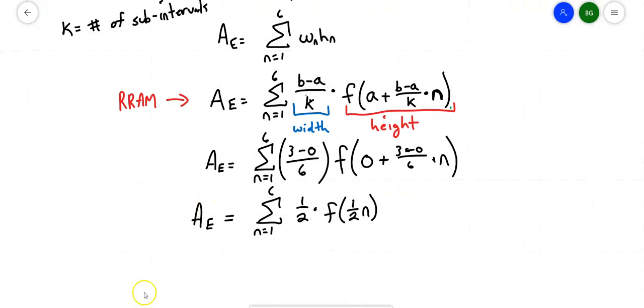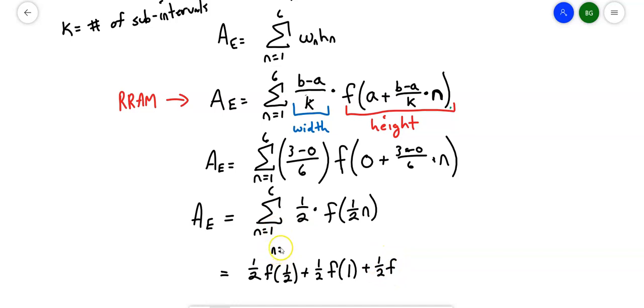And now we can make this evaluation. So if I let the sigma notation do its job, first I plug in 1 for n, so I have 1/2 f of 1/2. And then I up n by 1, so I'd have 1/2 f of 1/2 times 2, which is just 1, plus 1/2 times f of, now n is 3, right?